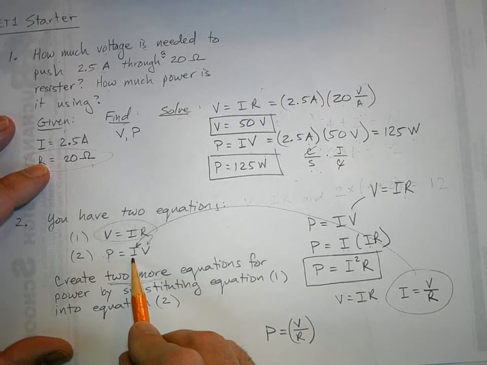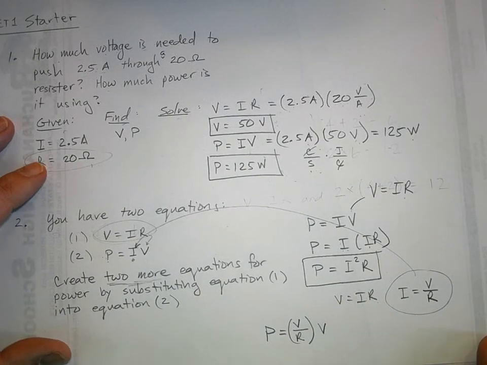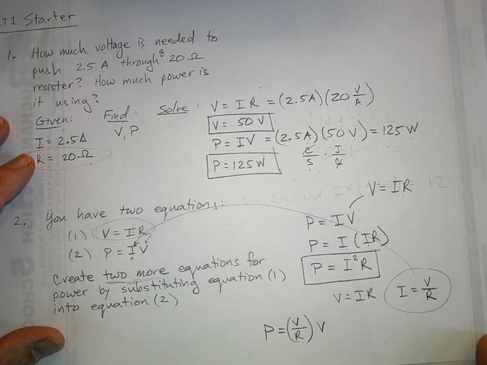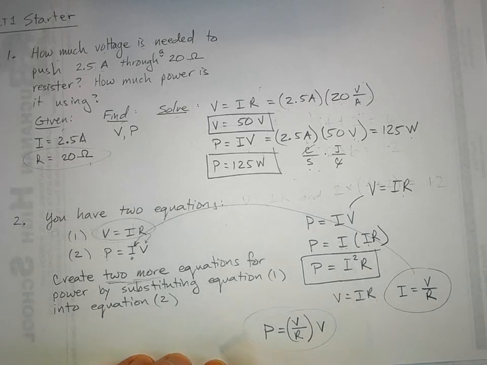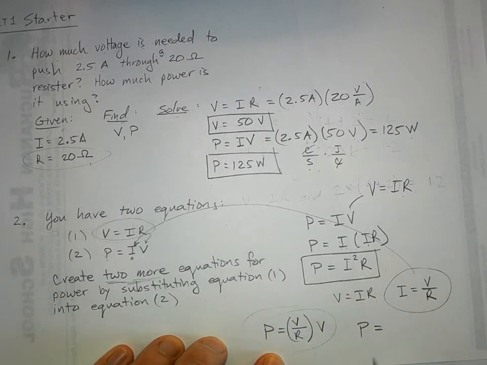So voltage divided by resistance times voltage. Now we could leave it like this, but we can make that a little bit prettier to look at. What is voltage times voltage?